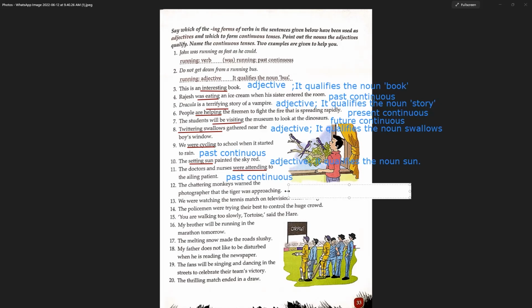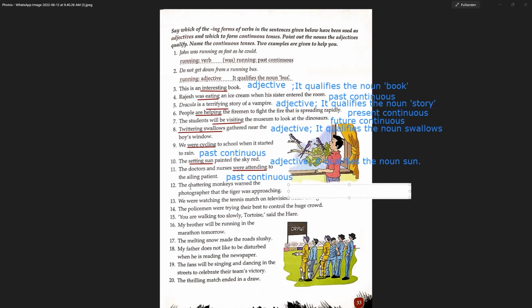So the monkeys chattered and warned the photographer, right? The chattering monkeys warned the photographer. Chattering is an adjective. Approaching is a verb, past continuous. Exactly, right?